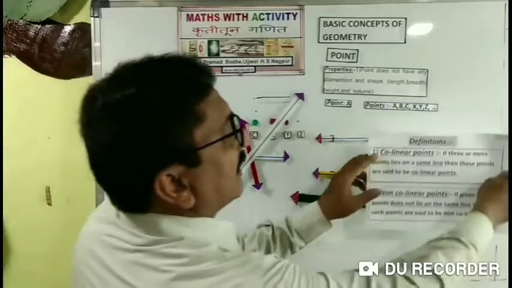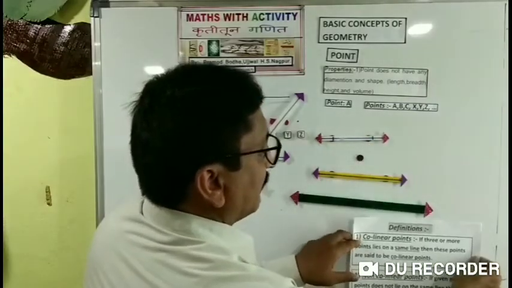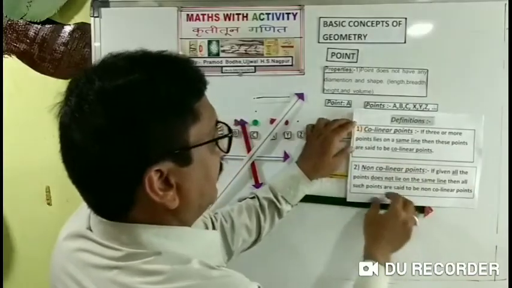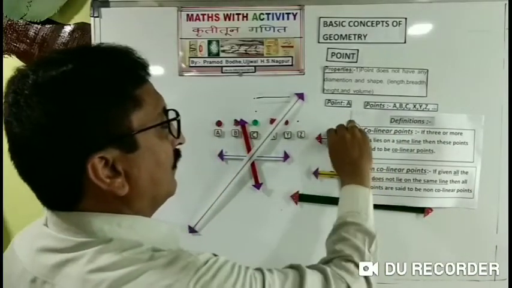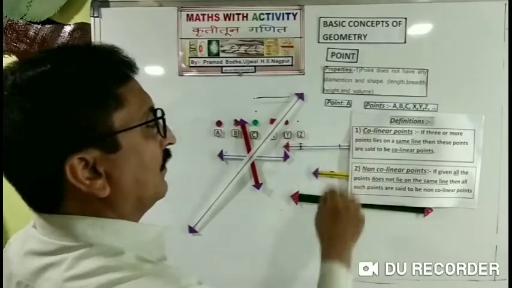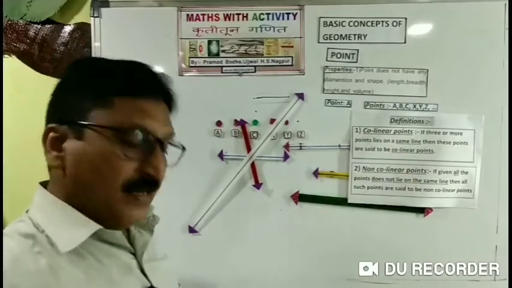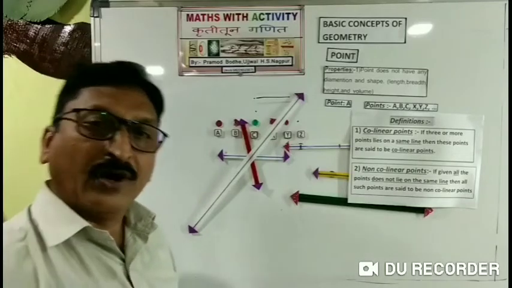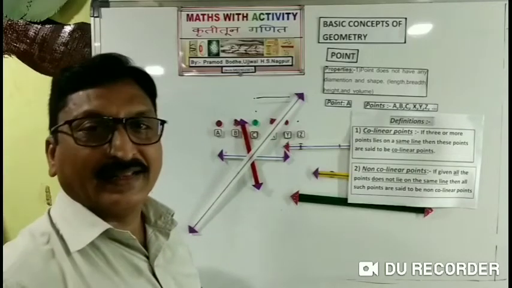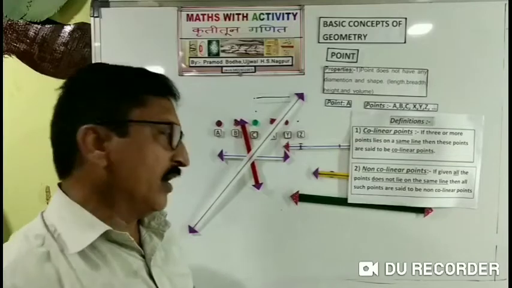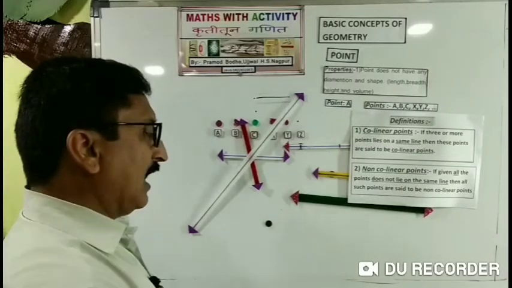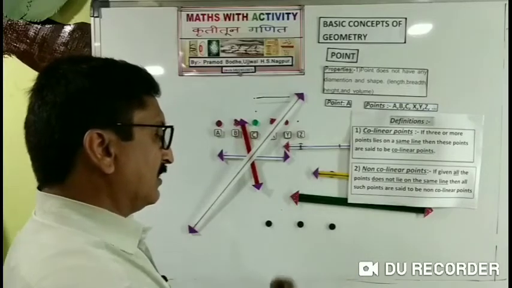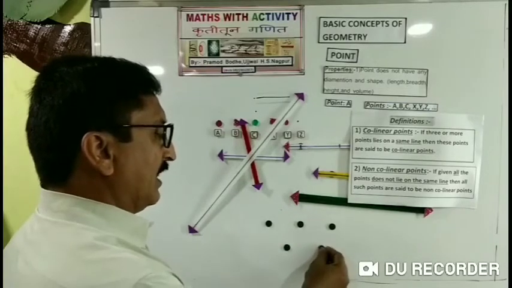Therefore, we can say that there are two groups of points: collinear points and non-collinear points. What do you mean by collinear points? Whenever there are points that are on the same line, they are said to be collinear points. And the points that do not lie on the same line are said to be non-collinear points.